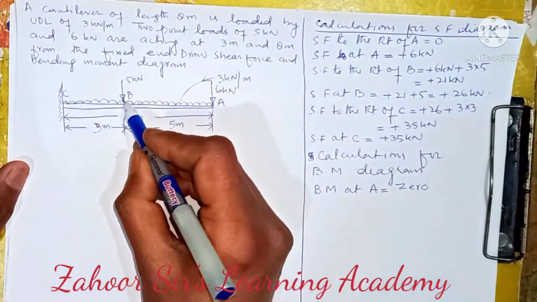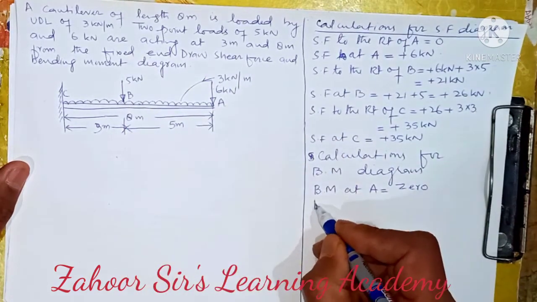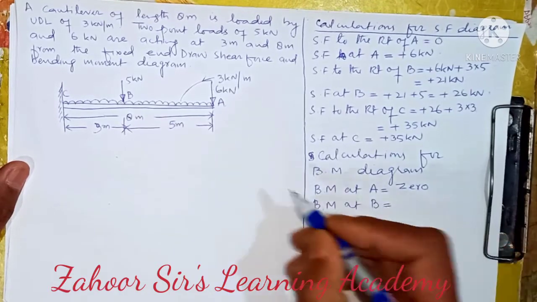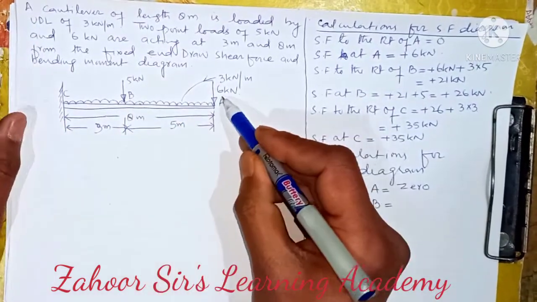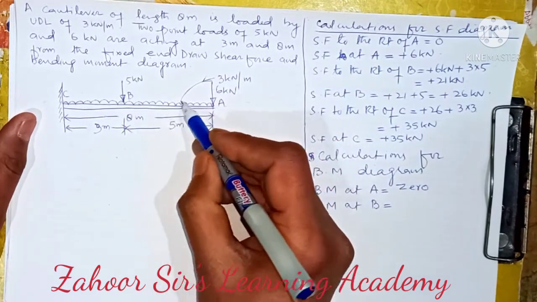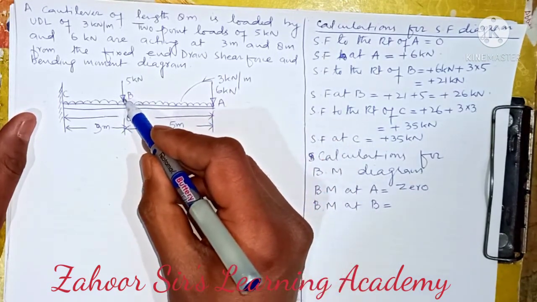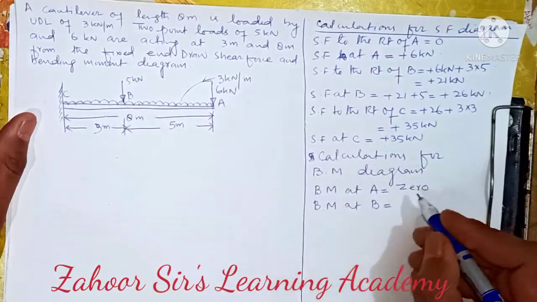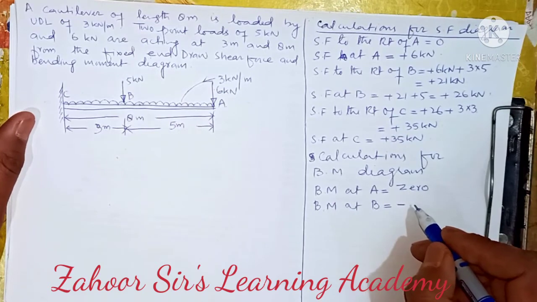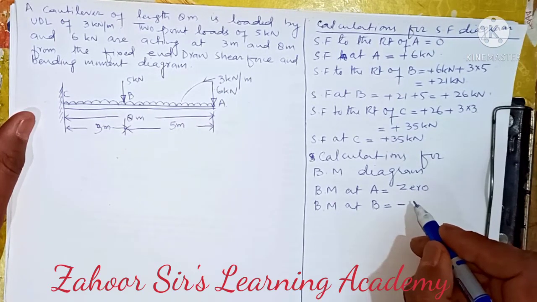Now let's see the bending here. So BM at B. Now who is going to bend point B? So one is the point load, this is going to bend point B, and this UDL is also going to bend point B. So let's take that. So negative, that is hogging, and sagging I have explained in the previous classes.